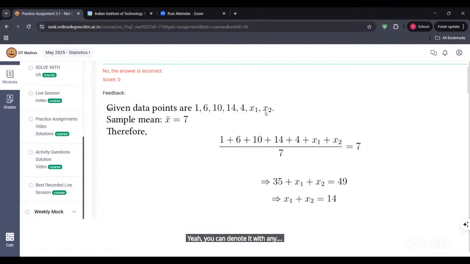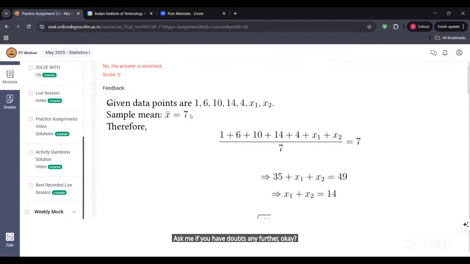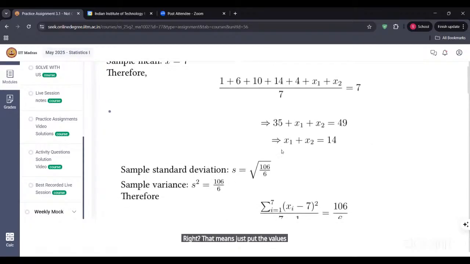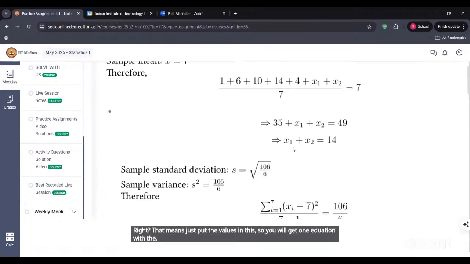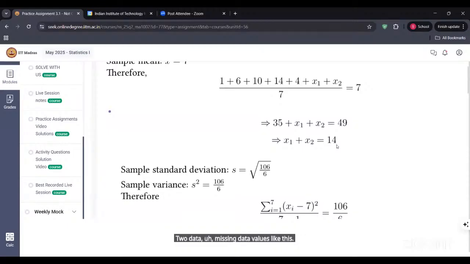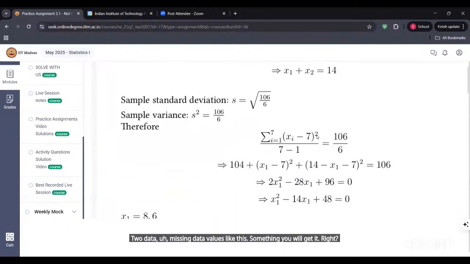Just go through the solution and ask me if you have any further doubts. Basically, you have been given the sample mean, right? Just put the values in the formula, so you will get one equation with the 2 missing data values. Again, go through the formula of the sample variance and you will get another equation.